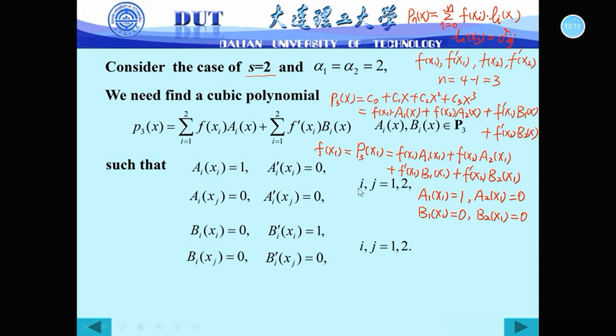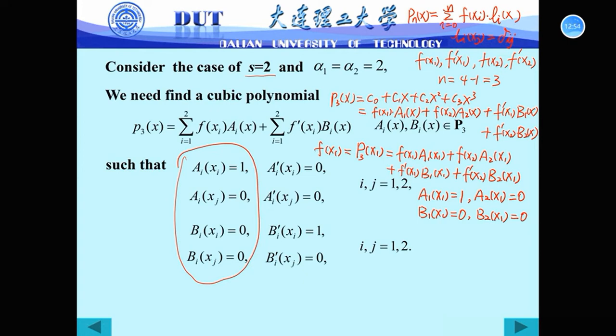So compare: when 1 and 1, the same subscript, the function value is 1. Otherwise 2 and 1, different i and j, the function value is 0. And for b, b1(x1) is 0, b2(x1) is 0, so bi(xi) is 0, bi(xj) is 0. These are four conditions. This is for the function value.